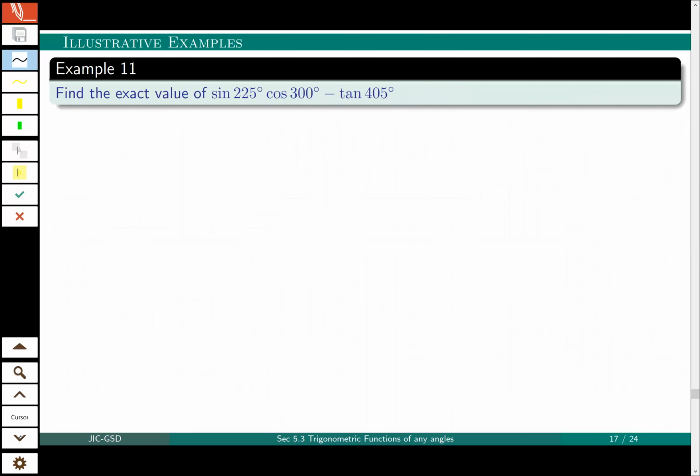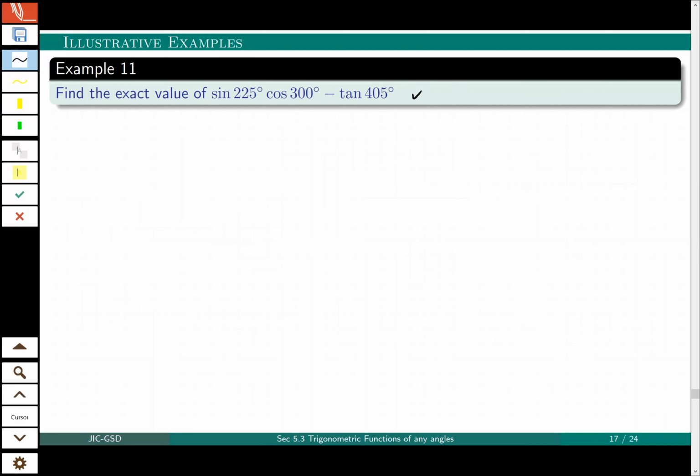Now, once we get familiar with how to find the reference angle, we will use it now and use the reference angle theorem. These type of questions is definitely coming in the midterm exam. So let's see how to deal with this sort of questions. We need to locate each angle in which quadrant and what's the reference angle.